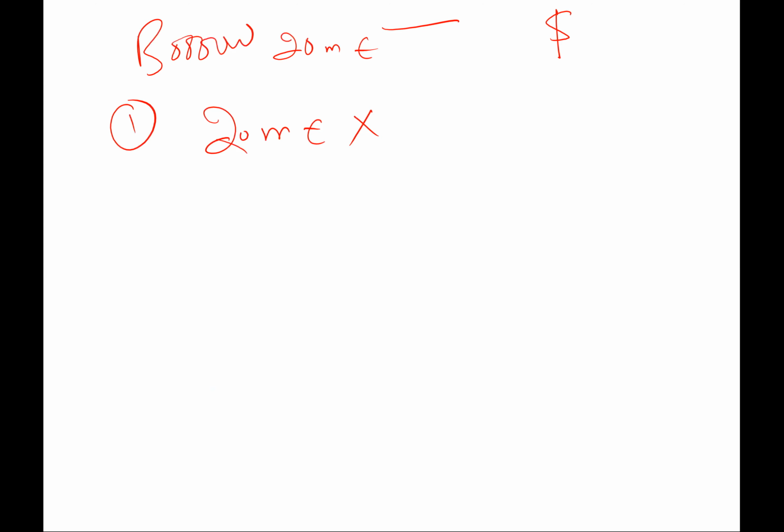So what is the rate? Dollar 1.13. So 1 euro is equal to $1.13. So what is the answer here? 20 million multiplied by 1.13. Answer is 22.6 million.